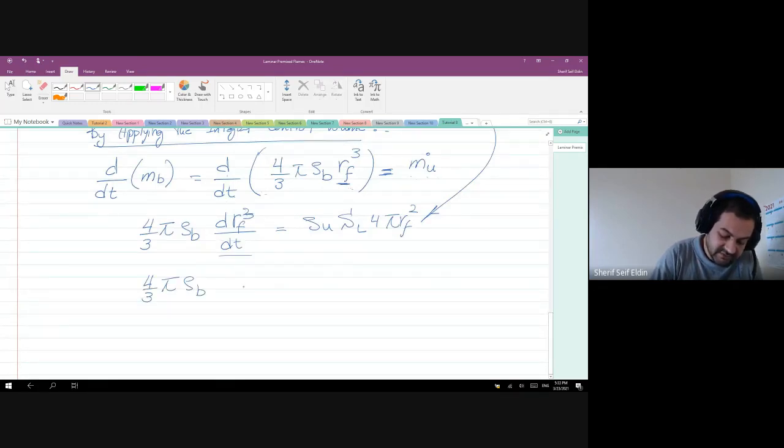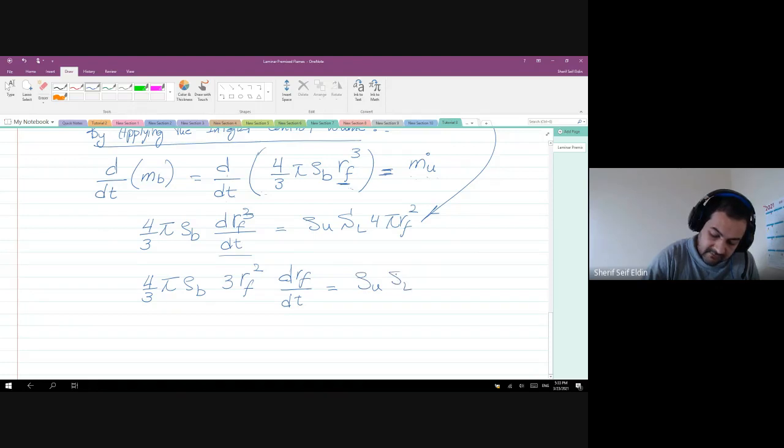If we do the differentiation of rf, it is going to be 3 rf squared drf by dt, equal to rho u SL times 4 rf squared.